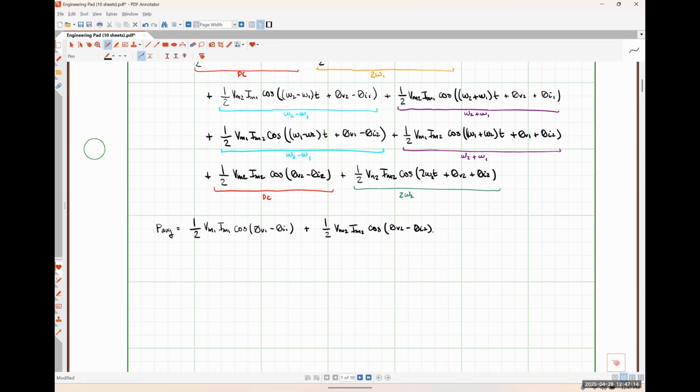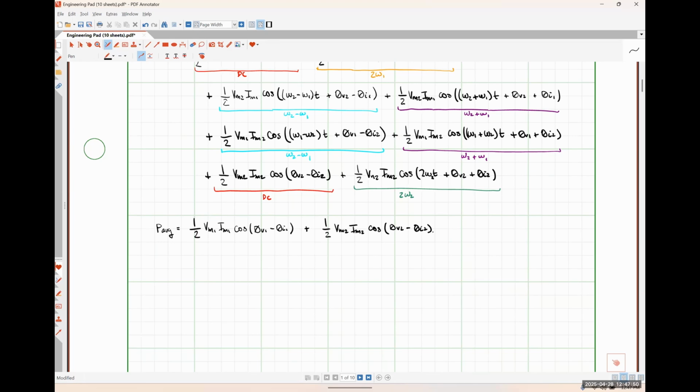Why that's very interesting to me as a huge math nerd is that superposition is a linear property, but power isn't, because power is dependent on the square of signals and things like that, okay? So this actually kind of breaks our perception of what superposition can do, and it's because of all of those cross-frequency terms effectively canceling each other out.